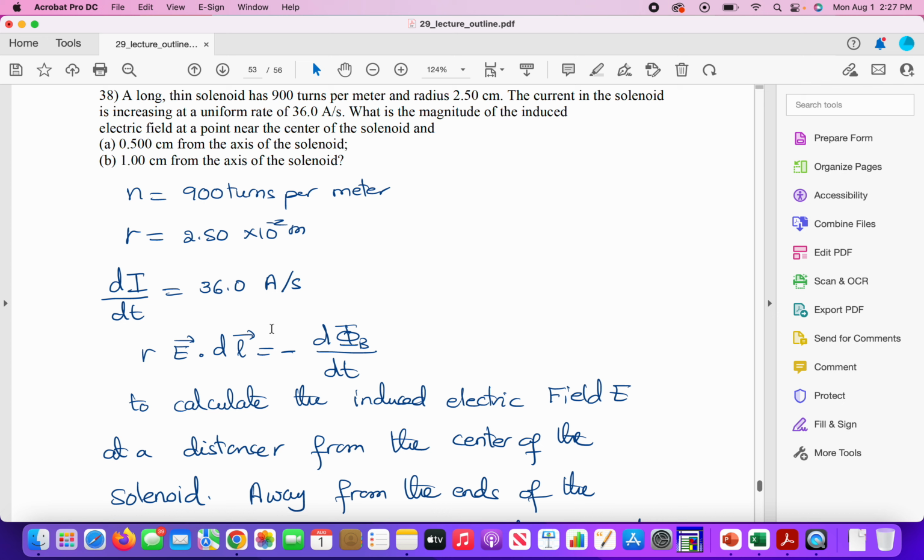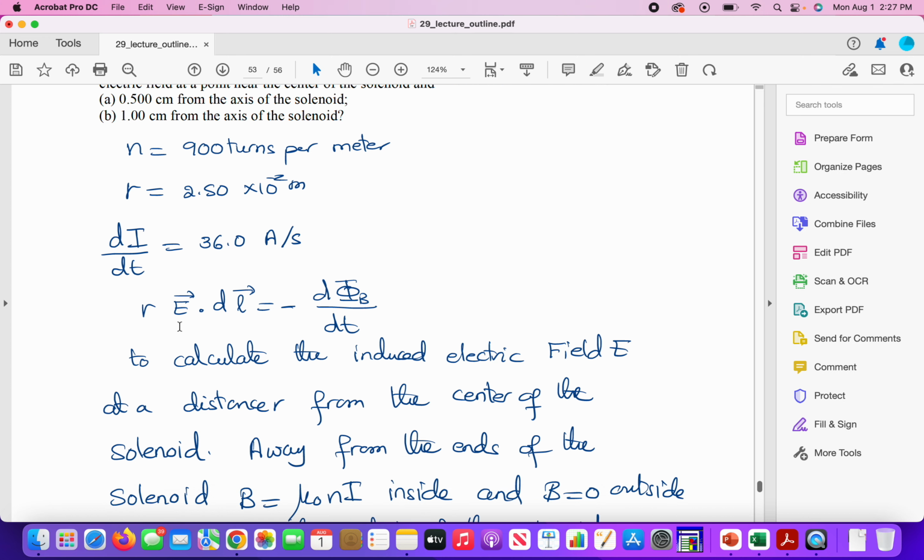I listed my values here, and we know that the closed integral of E dot dl equals negative d phi B over dt.